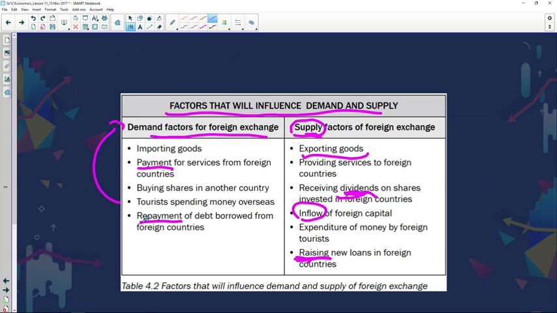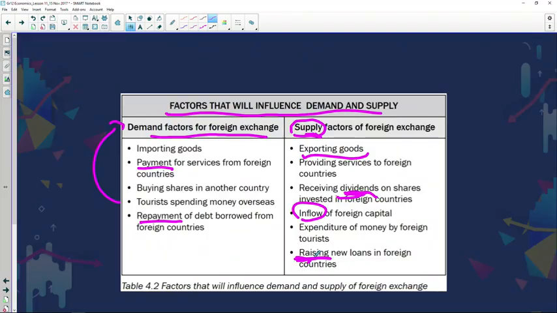And then when we repay the money that we owe to other countries, that will create a demand because we need to pay them in their currency. But if we receive money from the loans that are owed to us by other countries, that will create a supply. And then when people from outside countries come to our country, that creates an inflow of foreign currency into our economy.